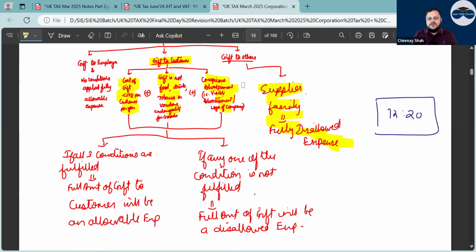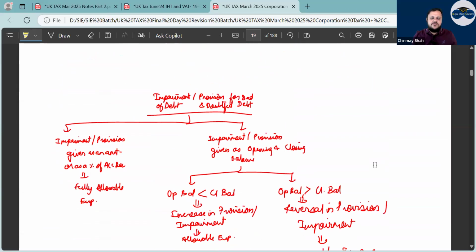Gift is not food, drink, tobacco or vouchers, and has a conspicuous advertisement, that is visible advertisement. If all 3 conditions fulfilled, full amount allowed as an expense. Same method 1, 2, 3 logic also applies for companies, correct? Which we had done yesterday. If any one of the conditions is not fulfilled, full amount of gift will be disallowed expenses. Gift made to supplier, family or anyone, disallowed expense.